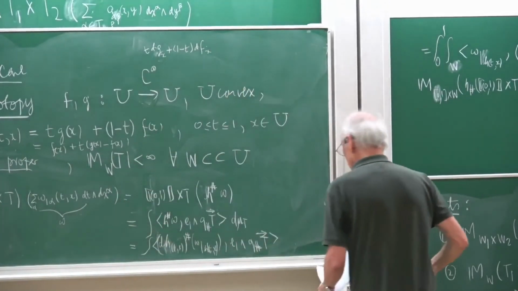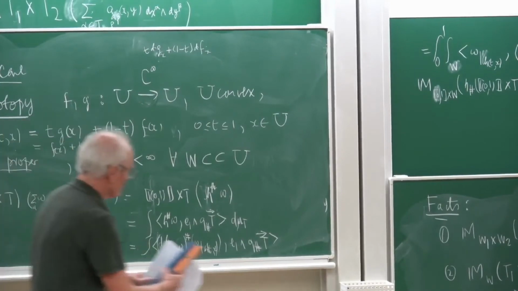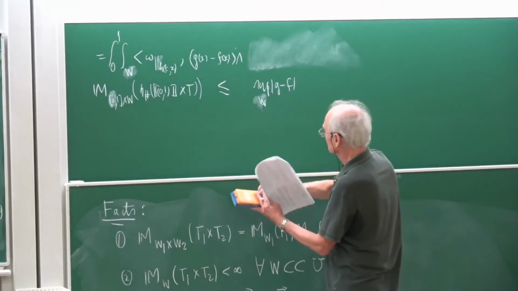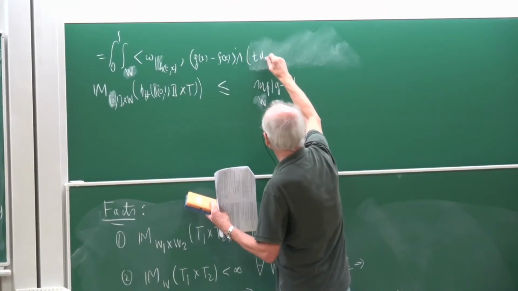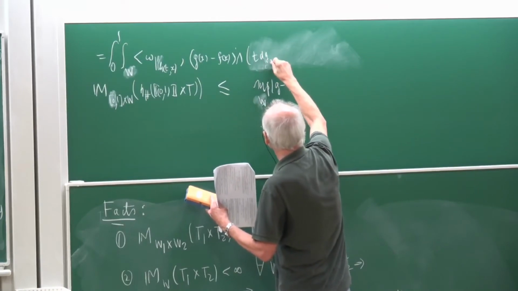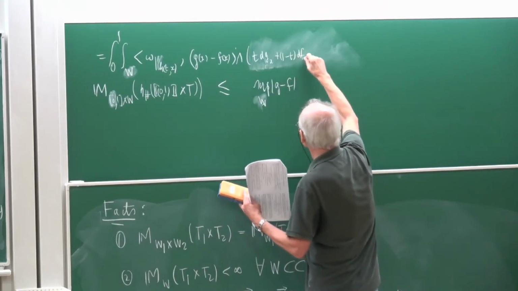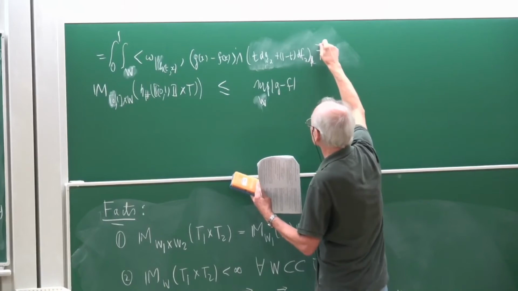So I should have written it that way, preferably. t times dx g x plus 1 minus t df x, sharp t arrow.